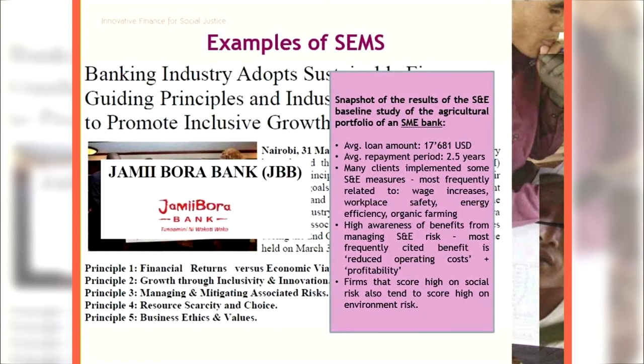It was quite interesting to see that these clients are doing it, plus that the awareness of addressing social issues was there. Most frequently, the clients cited reduced operating costs and profitability as a benefit they draw from looking at social issues.